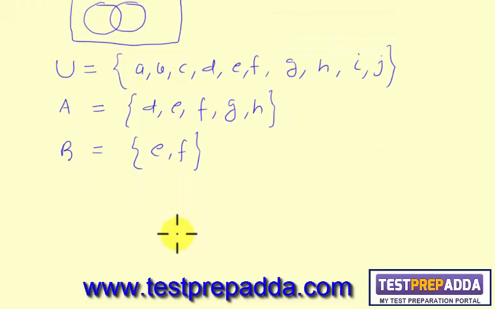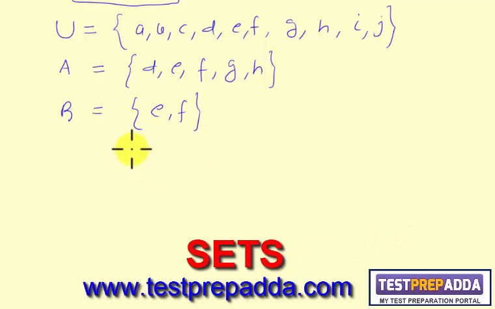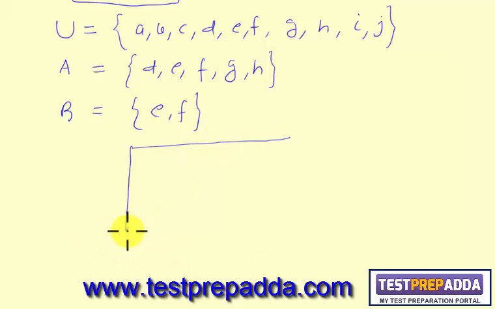Now, if I draw the diagram, then for universal set, I will draw a rectangle and set A here. Different elements are there.